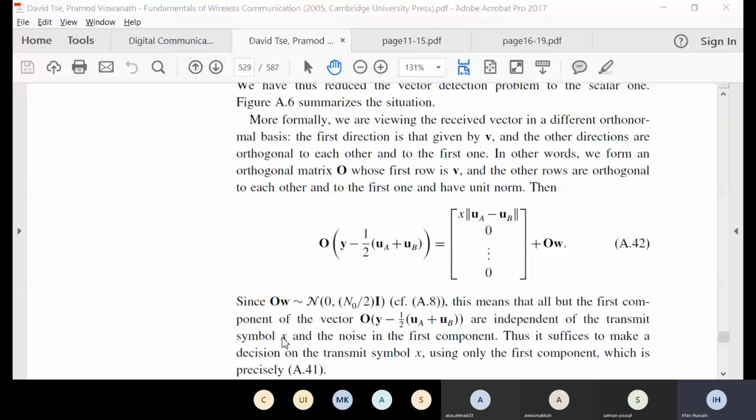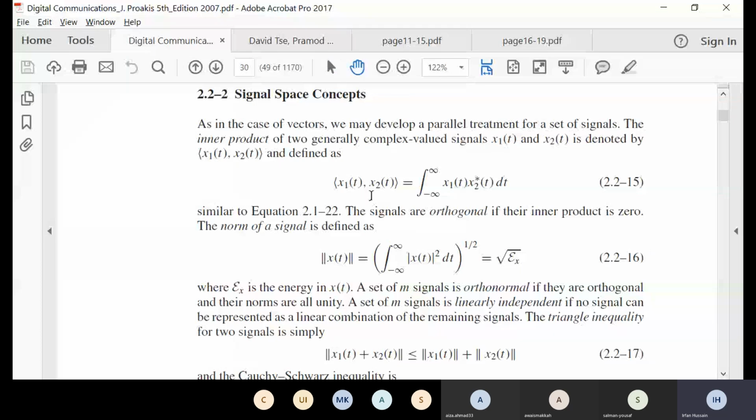Orthonormal signals are a set of signals which are orthogonal to one another and whose energy is normalized. For example, I have these signals, x1 and x2, and if I take their dot product, multiplying them and integrating, and it comes out to be 0, this means x1 and x2 are orthogonal.